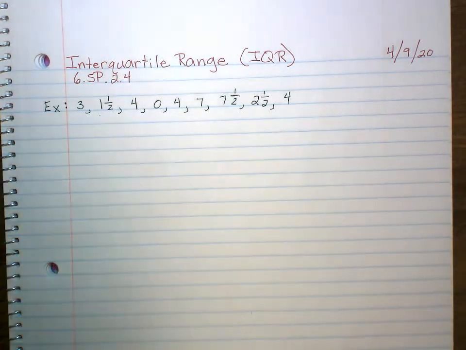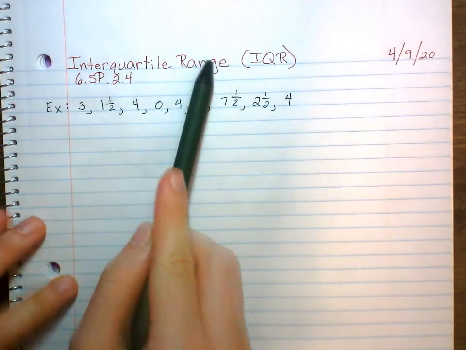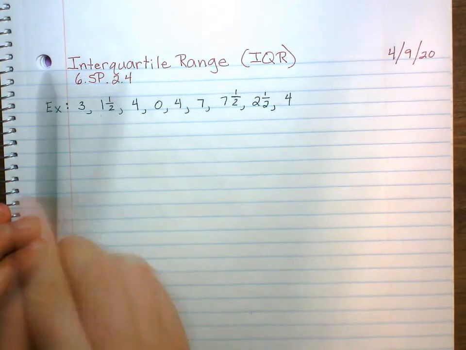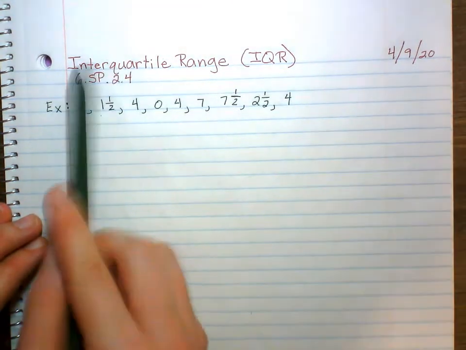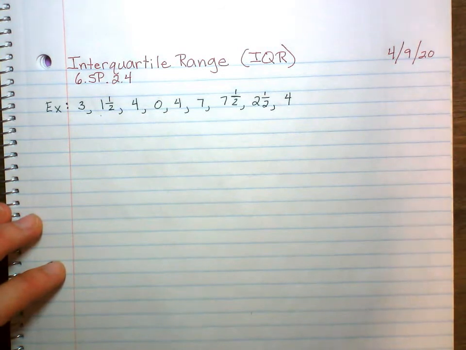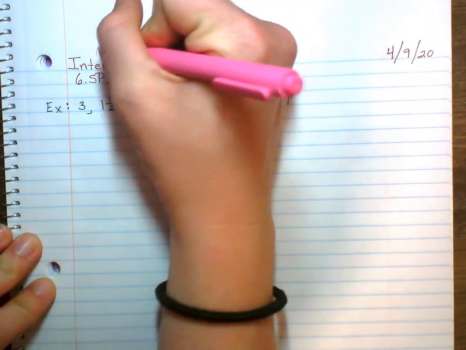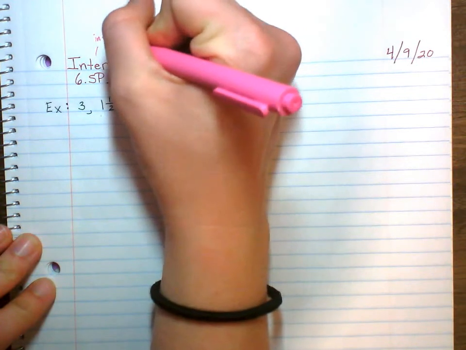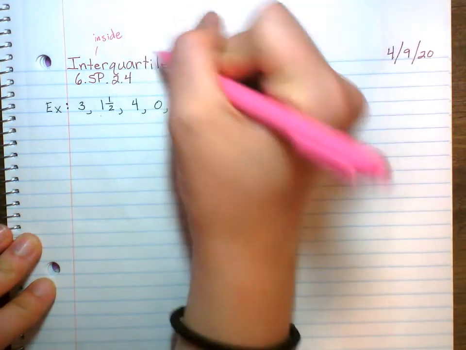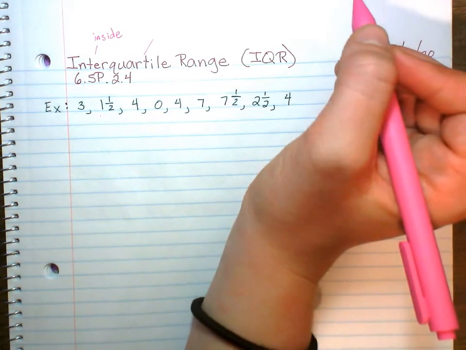So, interquartile range. I had to grab my pens. Interquartile range. Well, range we just talked about. Interquartile. Inter means like inside. Quartile means quarters, breaking into fourths. So, interquartile range to me, inside. Quartiles, you break it into quarters. Quarters are 25 cents.